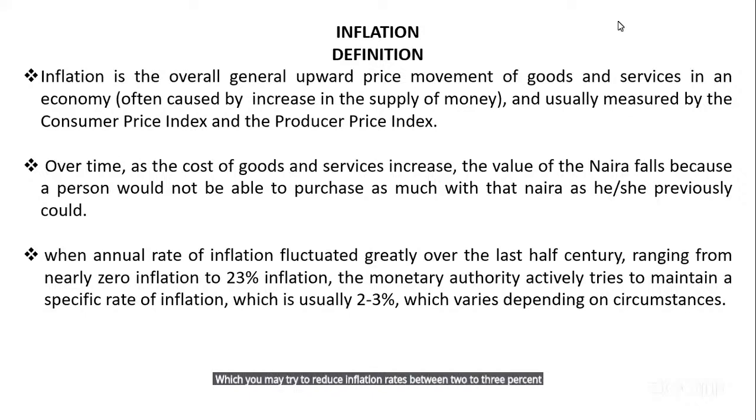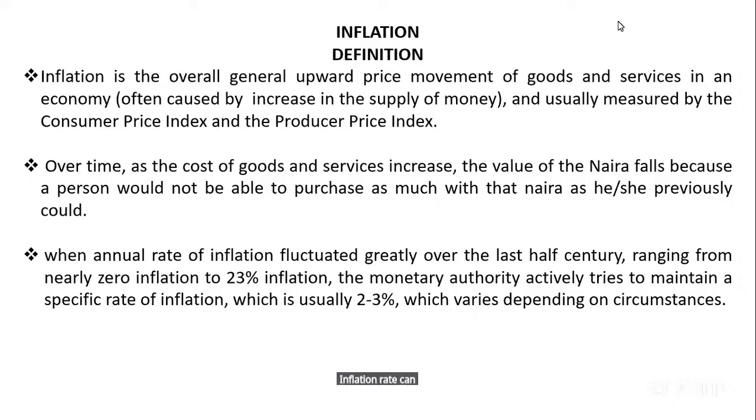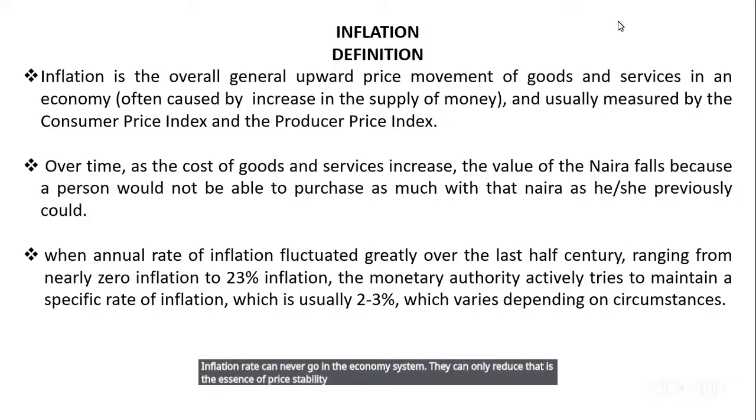In reality, there is no way they can remove inflation. They can only reduce the inflation rate to a minimal level. Inflation can never be eliminated from the economic system, right? They can only reduce it. That is the essence of price stability that government always embarks upon year in, year out, using monetary policy instruments to achieve price stability in the economy.